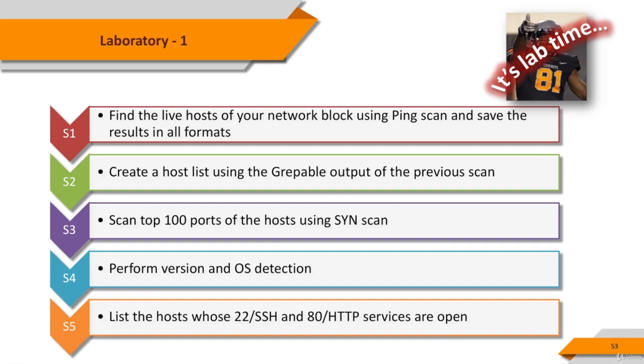Scan the top 100 ports of the hosts using the SYN scan. Step 4. Perform version and OS detection. And Step 5. List the hosts whose 22 SSH, 3389 RDP, and 80 HTTP services are open. Let me give you a hint. Some Linux commands will help you in the second and fifth steps.